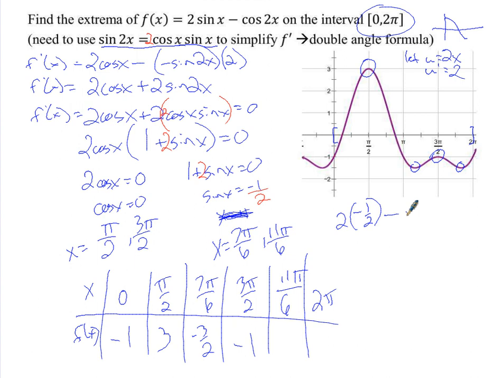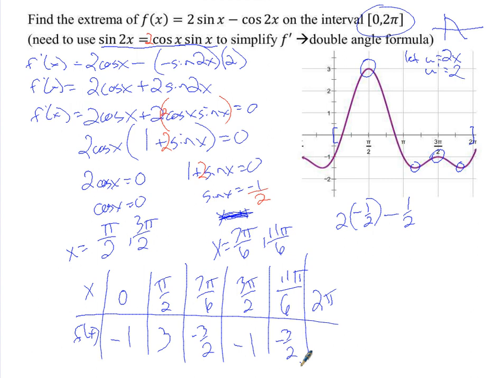We're at 5 pi over 3. So it's actually positive 1/2. So minus positive 1/2 gives us the negative 3/2 that we were looking for.